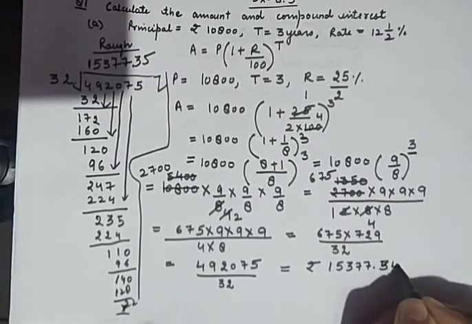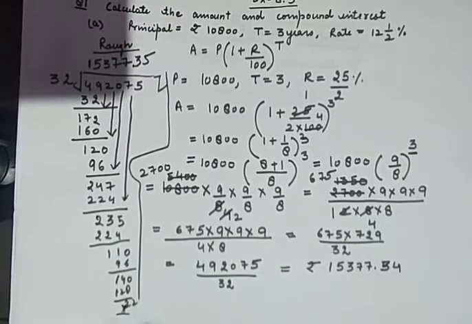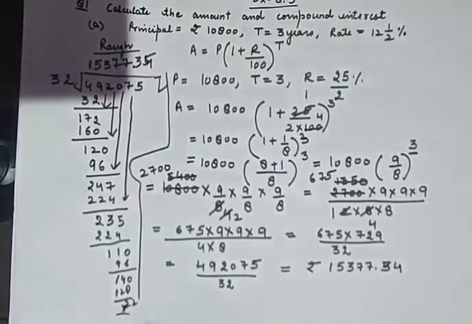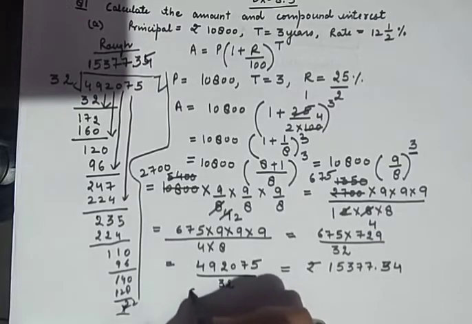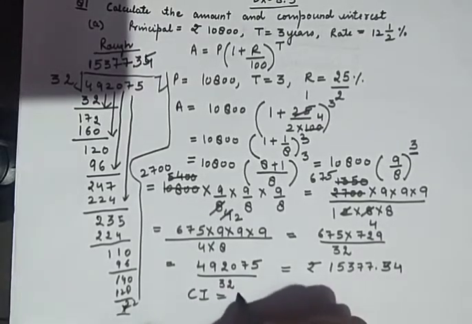It means that whenever I deposit my principal as 10,800 at a rate of 25/2% for 3 years, I will get back 15,377.34 rupees.